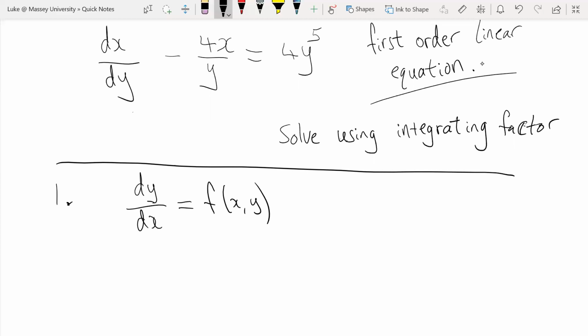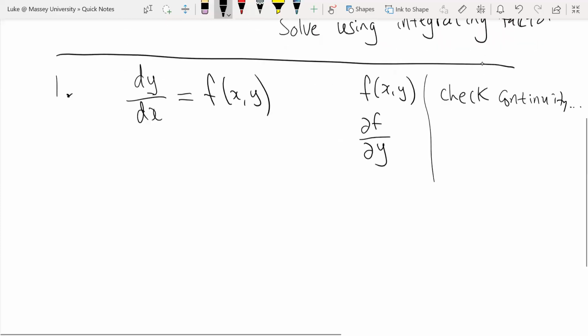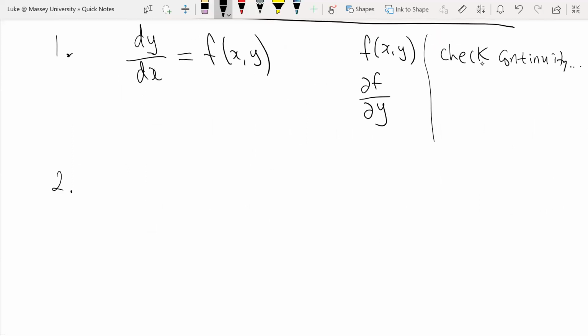If you recall the existence and uniqueness theorem there, we had to check the continuity of the function f of x, y, and also the partial derivative of the function with respect to the dependent variable. So we had to check the continuity of these two things. The second existence and uniqueness theorem we've learned was for first order linear ODEs.